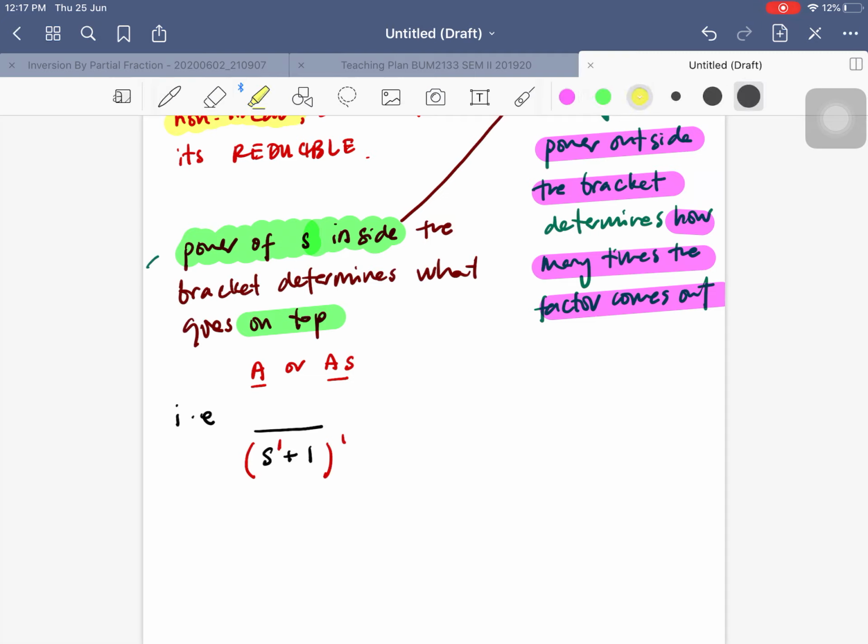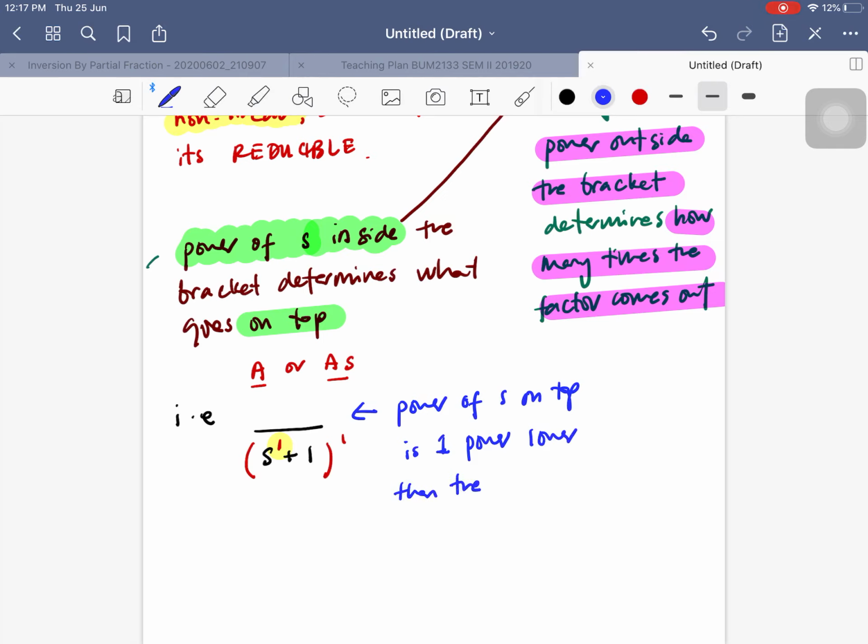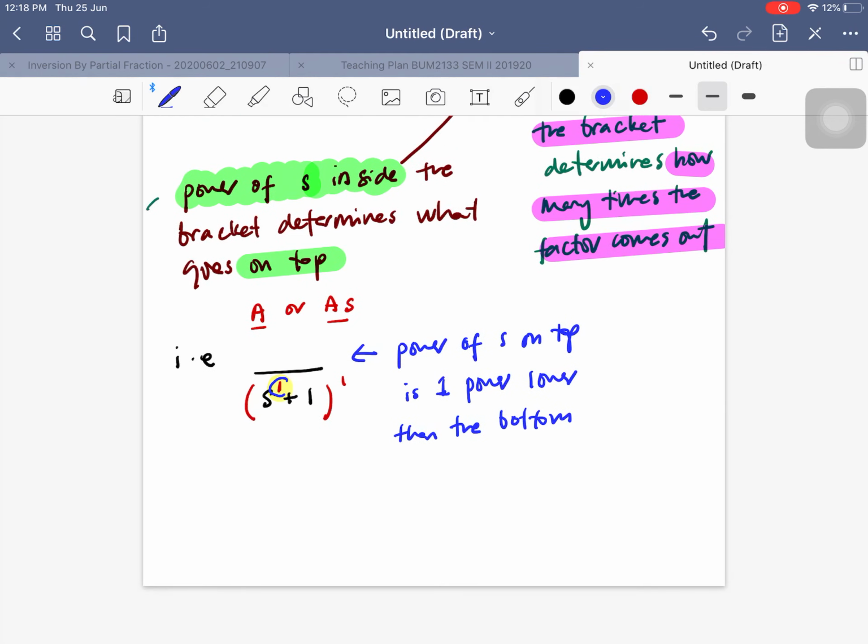And because inside here this is s to the power of 1, how does this determine what goes on top? So let me put over here, the power of s on top is 1 power lower than the bottom. Here I have s to the power of 1.